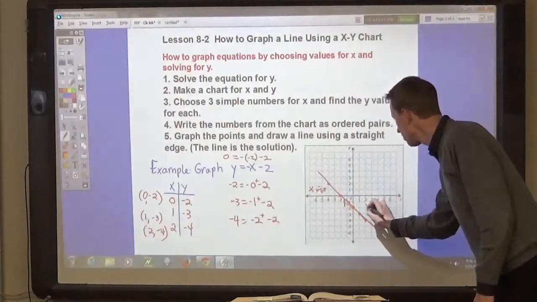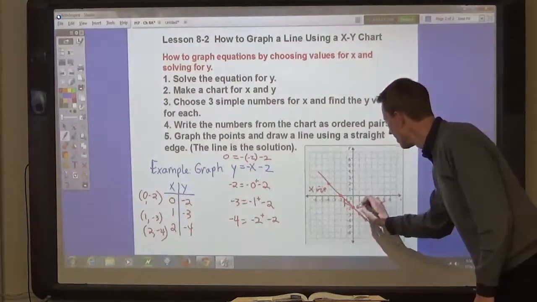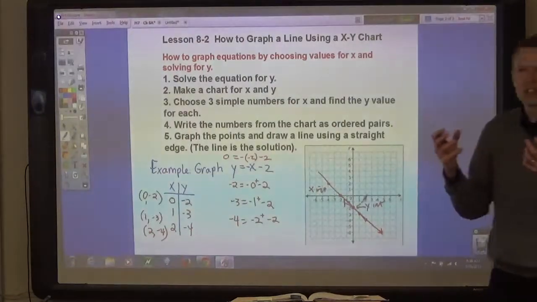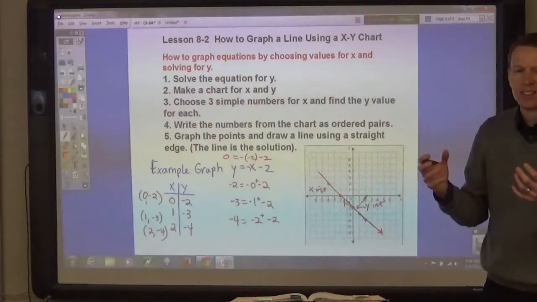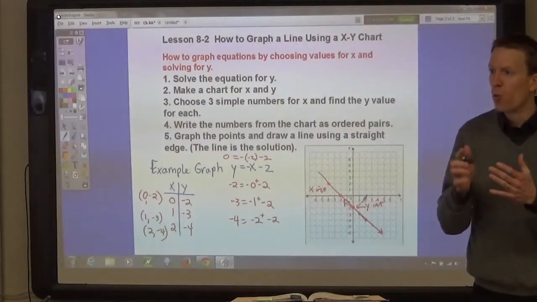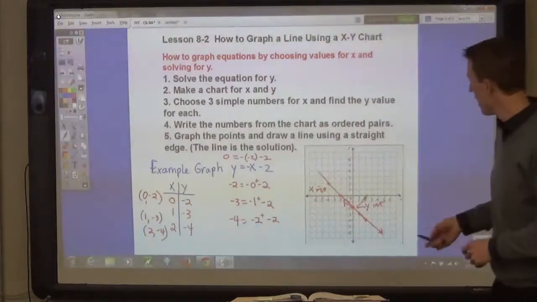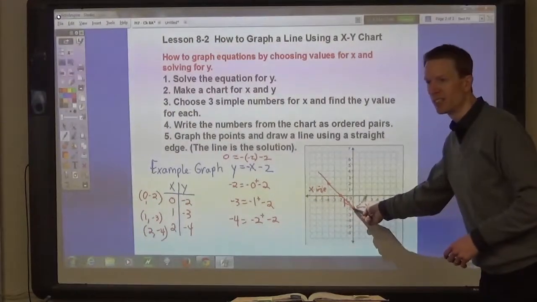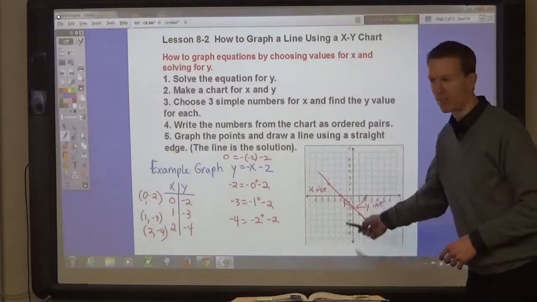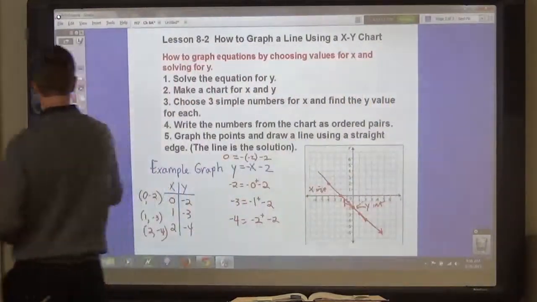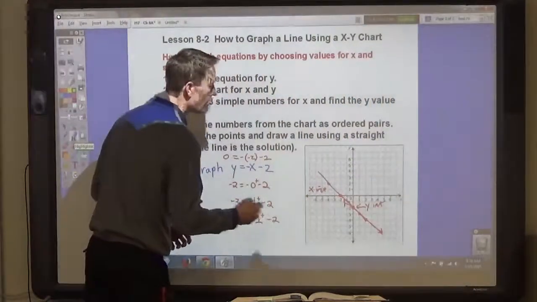What's the y-intercept, class? What is it in general? It's where on the graph the line crosses the y-axis. Okay? So mark that spot in your notes.